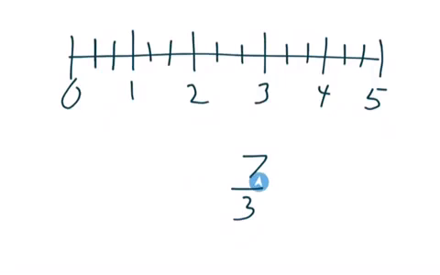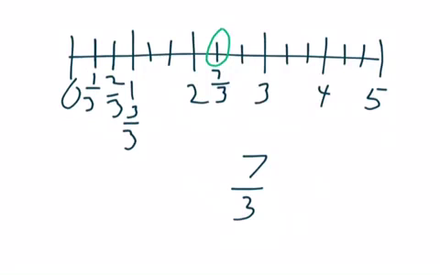And we're looking for the 7th section. So we can just count off the sections. We start here and say 1, 2, 3, 4, 5, 6, 7. That right there is 7 thirds. And if we want to count them off, we can: this would be 1/3, 2/3, 3/3, and so forth until we get to 7.